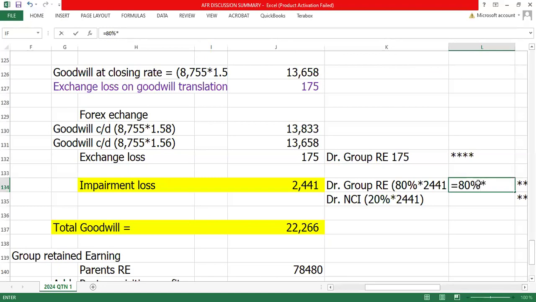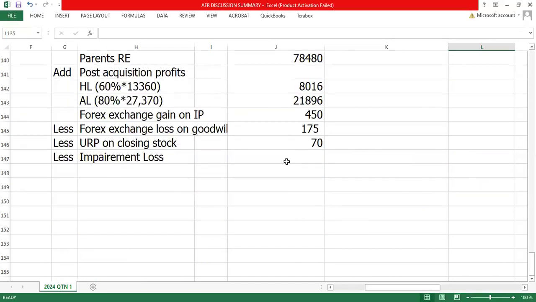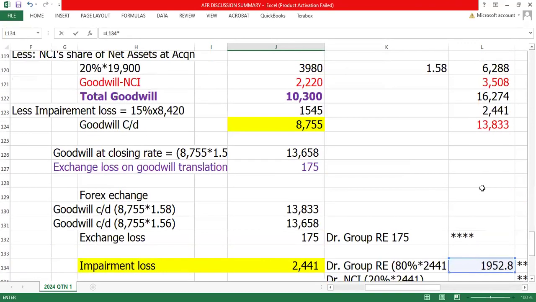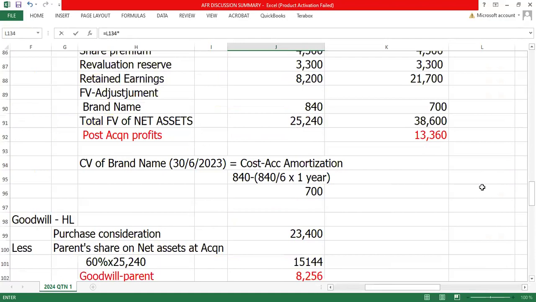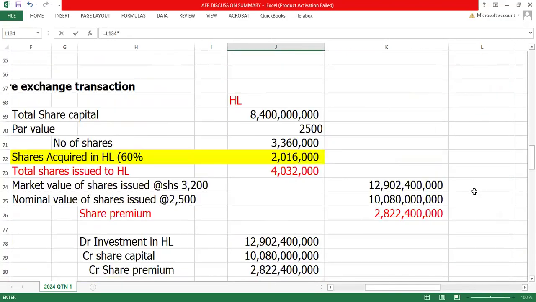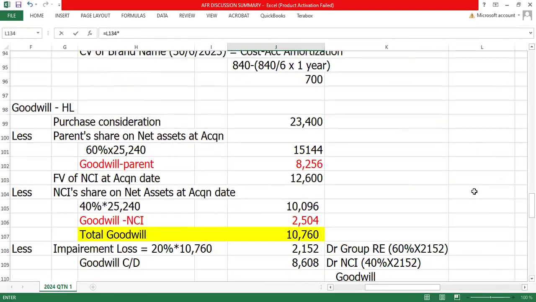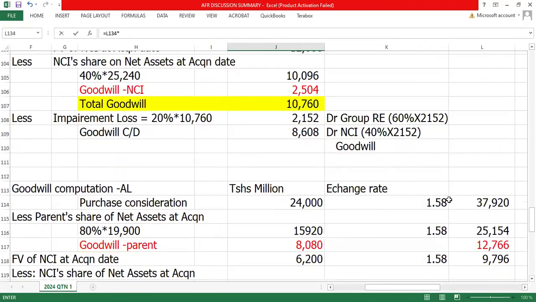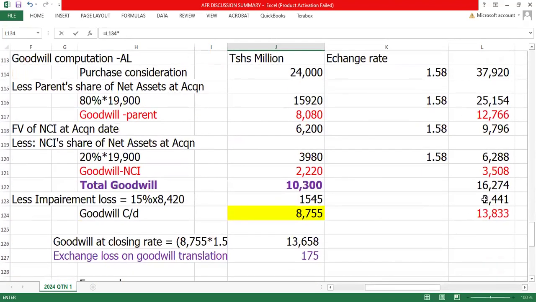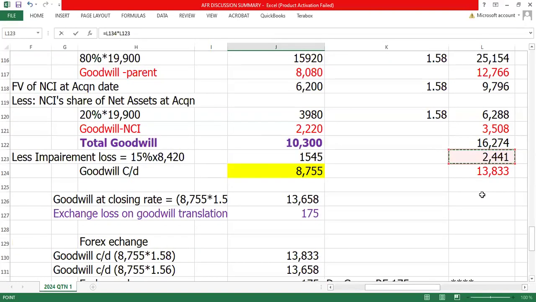But can you hear me very well? I can hear you. Okay. So the impairment loss, we are getting this figure plus. We are getting 3,244. This one, eh? We are getting 3,244.